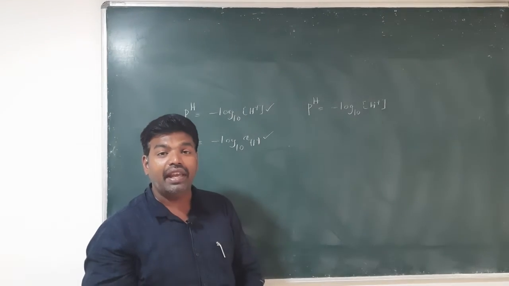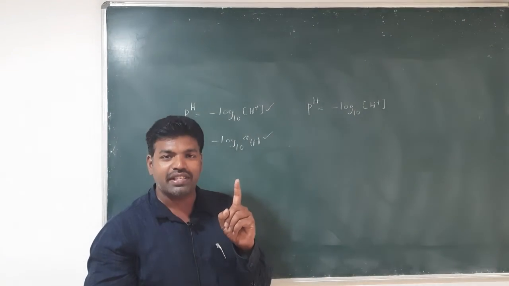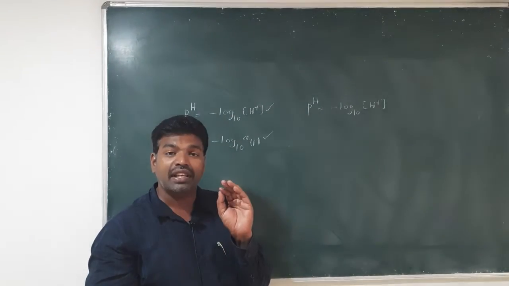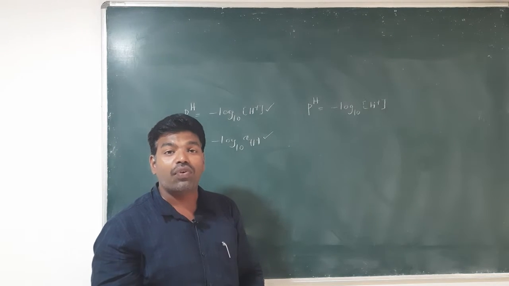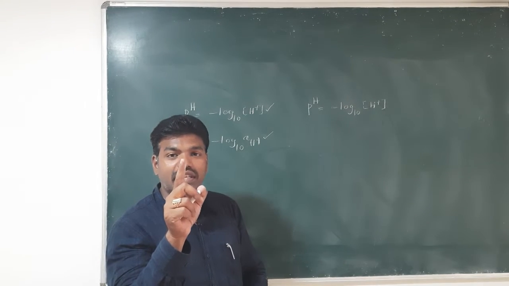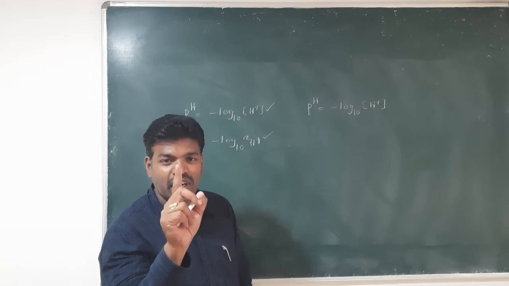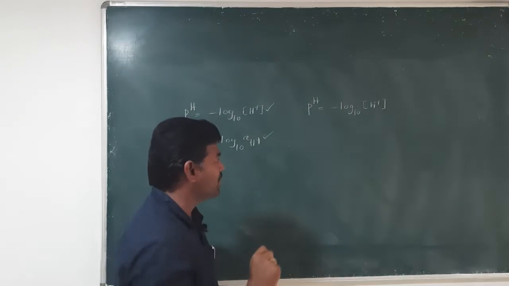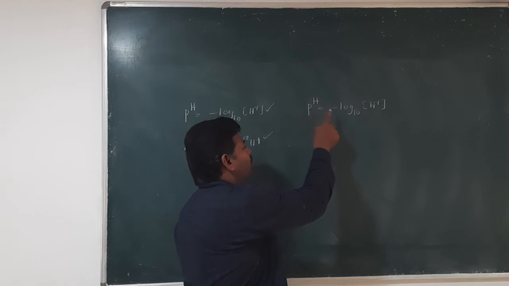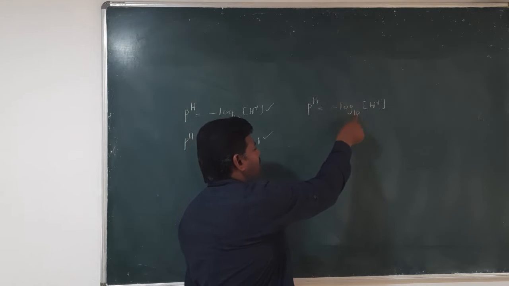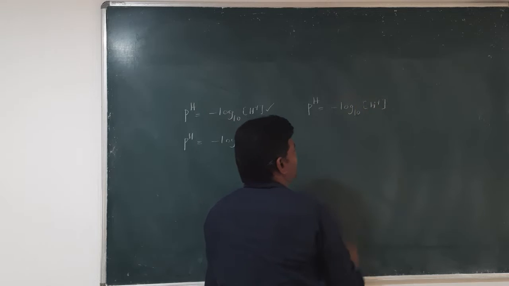I repeat, in the calculation of pH, we should express the concentration of H plus ions in normality only, right? So pH is equal to negative logarithm to the base 10 of the concentration of H plus ions.